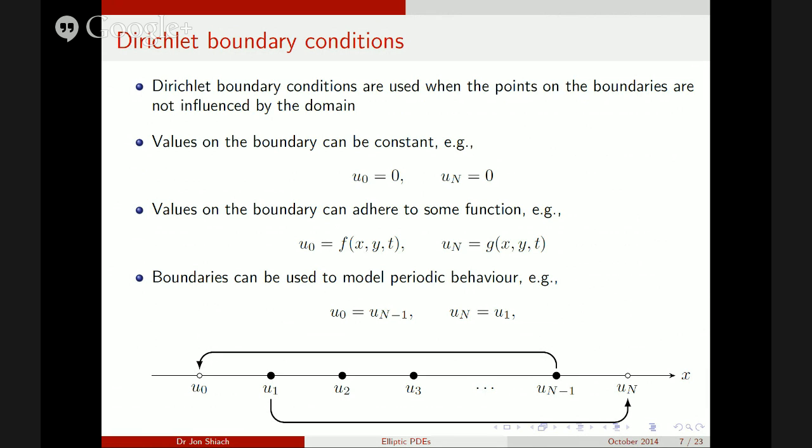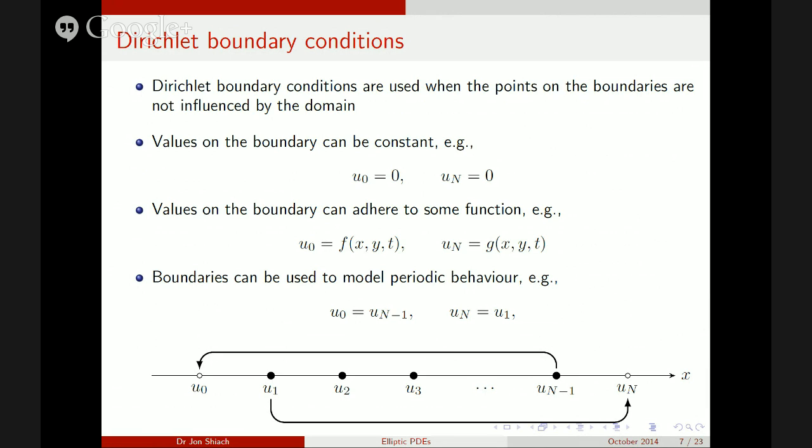We can model this by setting the left-hand boundary node equal to the last computational node. So this node here takes on the same value as that last computational node. Therefore, this u0 influences u1, and it can assume that it's at the other end.